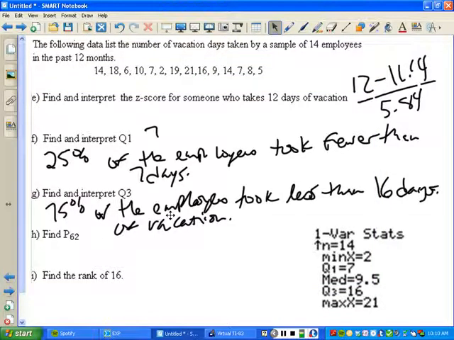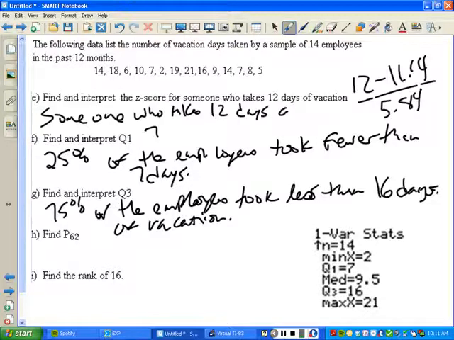How do I interpret 0.147? What I would say is someone who takes 12 days of vacation is 0.147 standard deviations above the mean.